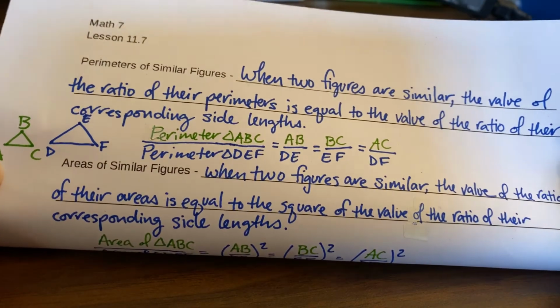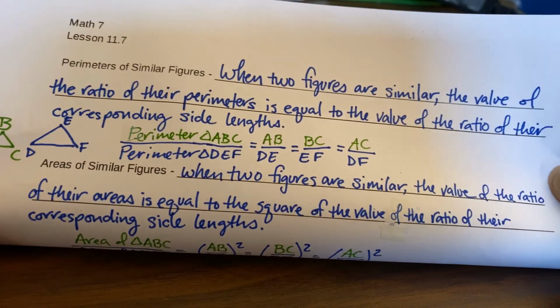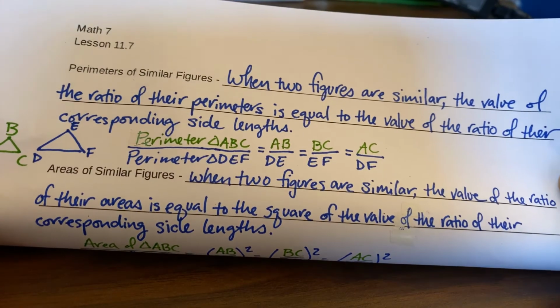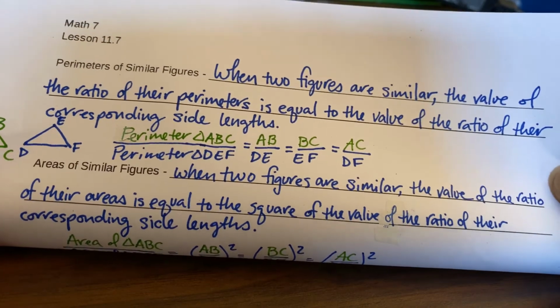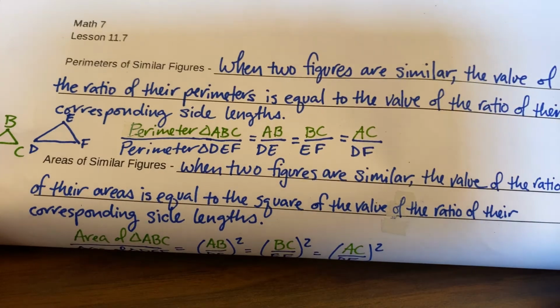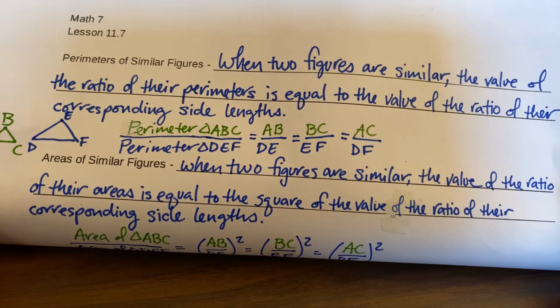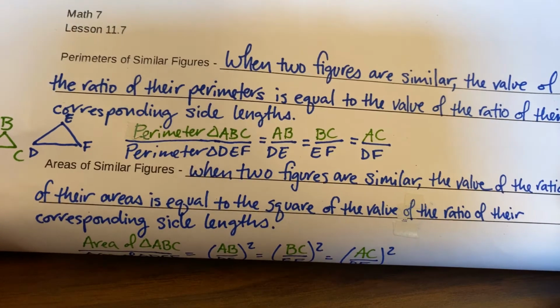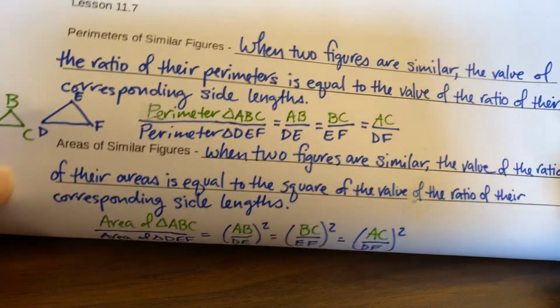Now for areas of similar figures, when two figures are similar, the value of the ratio of their areas is equal to the square of the value of the ratio of their corresponding side lengths.